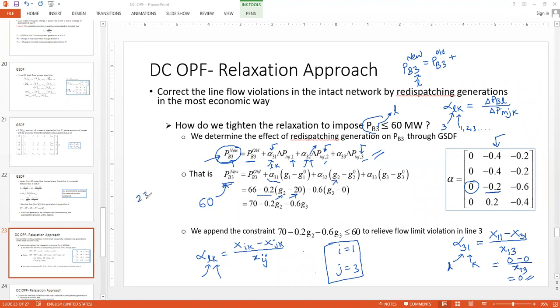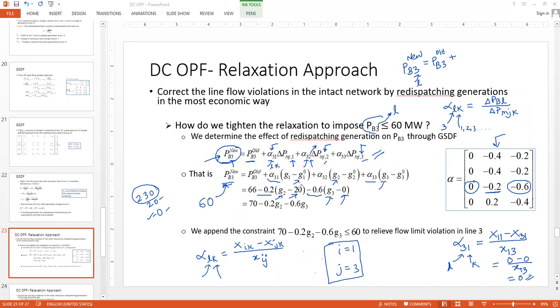So the generation was like this: 230, 20, and 0 for PG1, PG2, and PG3. G1 is not appearing here because alpha 31 is 0. Alpha 33 minus 0.6 G3 new, we don't know. G3 old is 0. Okay, so now we simplify it.